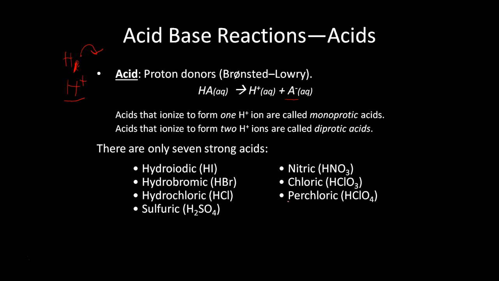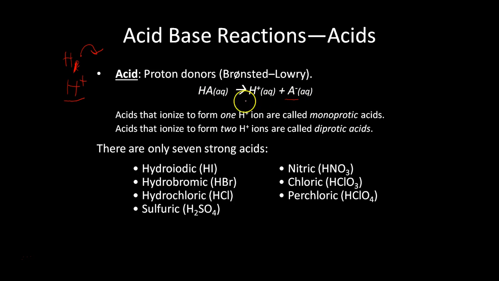But let me give you the difference between a strong acid and a weak acid. Say you were to put 12 hydroiodic acid molecules into water. All 12 of them would break apart. If you were to put 12 weak acid molecules into water, some of them would break apart, making this transition up here where they break apart into H plus and A minus.